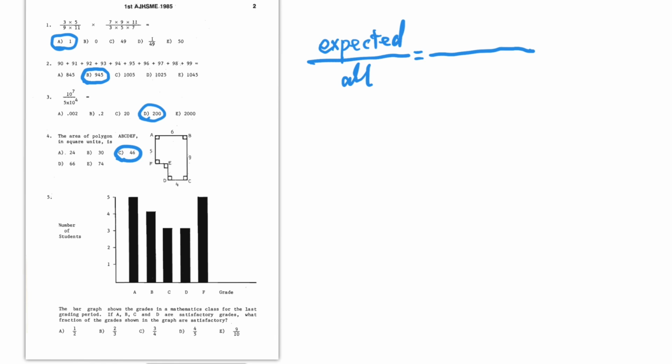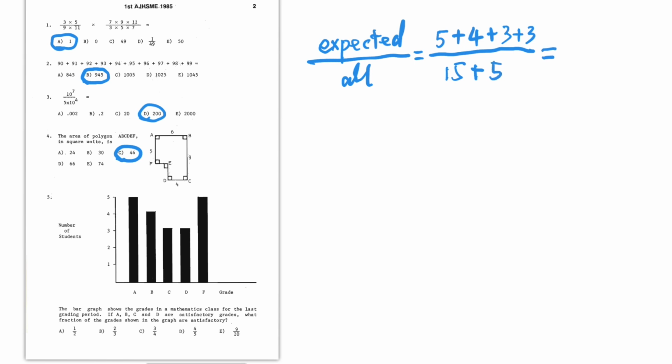Grade A has 5 students. Grade B is 4. Grade C is 3. Grade D is 3. Add them together, that's 15. The total also includes grade F, that's 5.